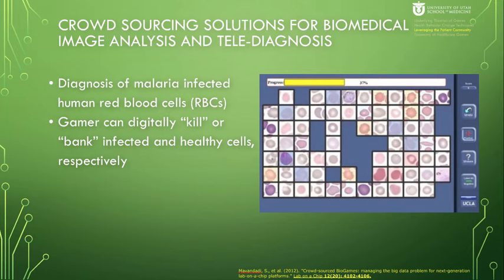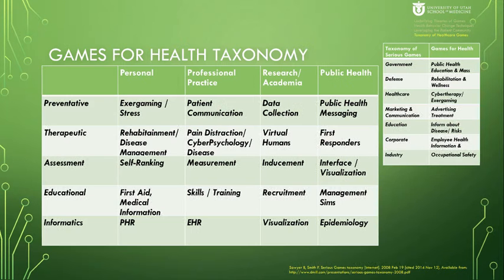In the area of telediagnosis, researchers were able to create a crowdsourced solution for malaria diagnosis in which they achieved an overall accuracy of 98.13%, or 98.78% of cells labeled as healthy, and 76.85% of cells labeled as infected were in fact correctly labeled. So in this case, the crowd was within 2% of the experts.